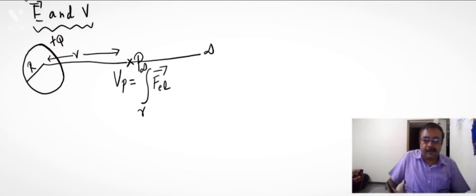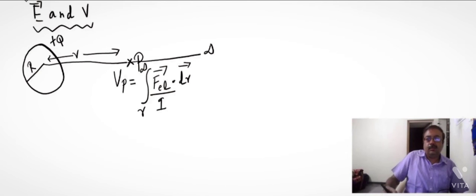This is going to be away from the positive charge, and the electric force travels a displacement dr, and then the test charge has to be included here. So this is your work done, over a given unit charge. That's going to be the electric potential.